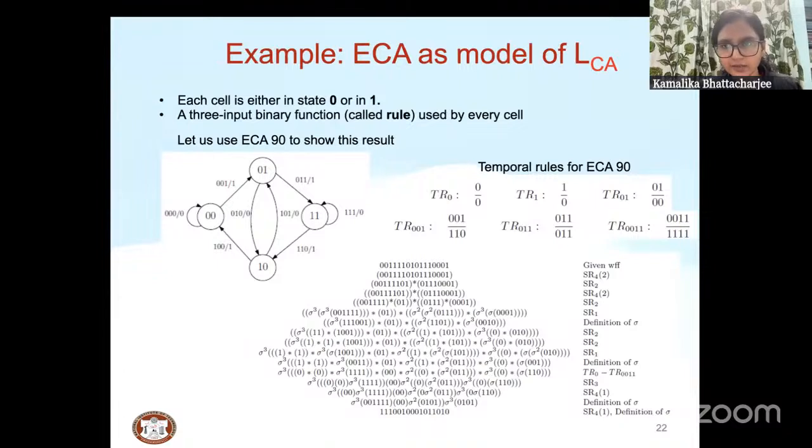You can see that these temporal rules we have derived from the elementary cycles of the de Bruijn graph. The first elementary cycle is 0, 0 over 0, 0. So this is 0, and the next state is 0. So the first temporal rule is 0 by 0. Similarly, 1 by 0 and so on. Now, if our initial configuration is the first string, just by applying these rules, we can get the last string, which is the next configuration derived from this initial configuration.